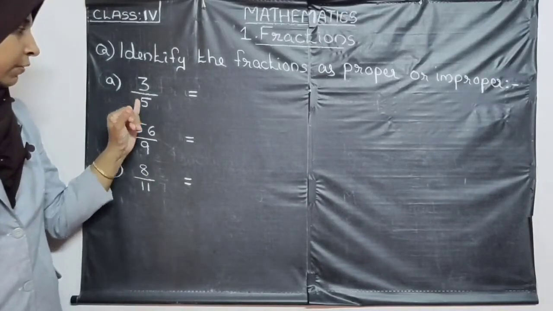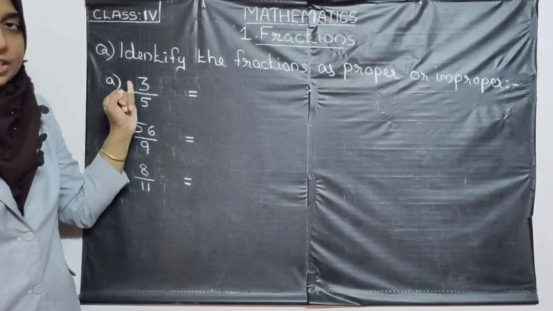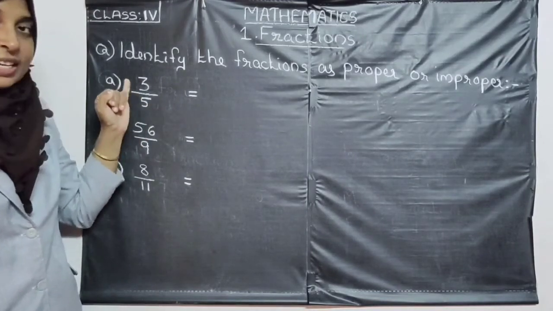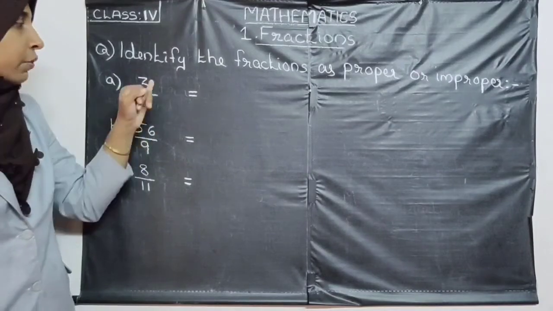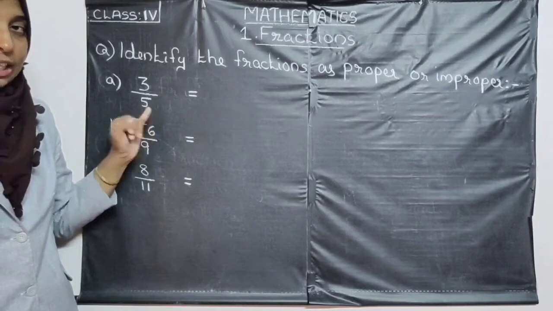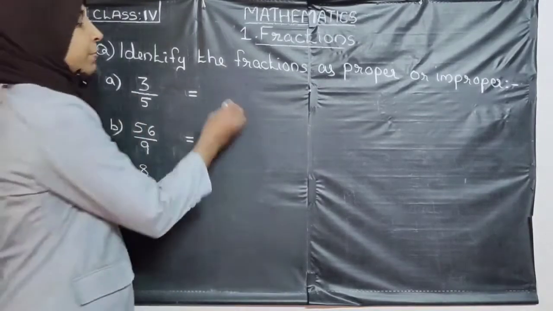Look here, the first one is 3 by 5. The numerator is 3, the denominator is 5, and 3 is less than 5. So this is a proper fraction.